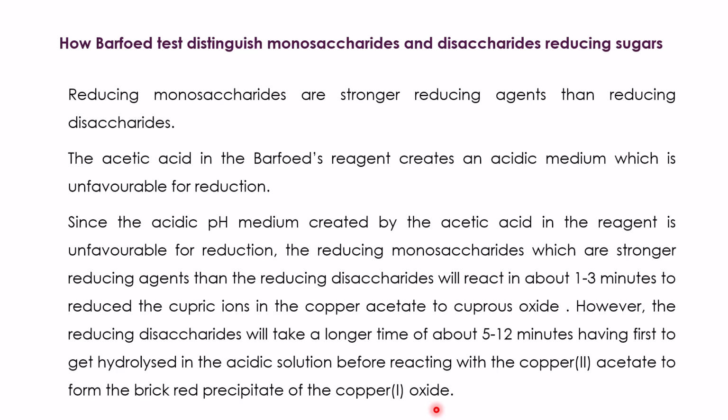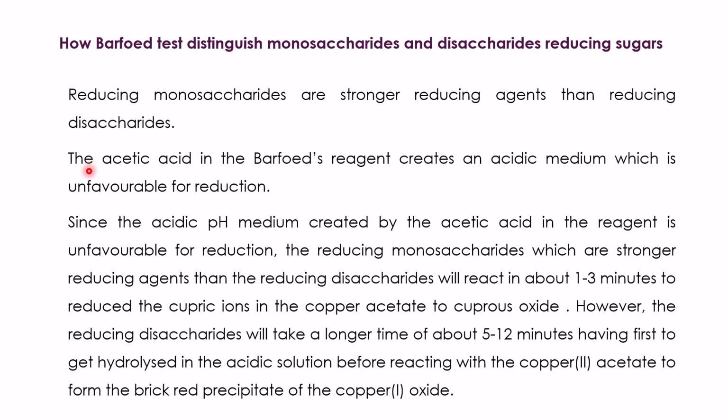So let's see how the Barfoed test is used to distinguish monosaccharide reducing sugars from disaccharide reducing sugars. First of all, we have to note that reducing monosaccharides are stronger reducing agents than reducing disaccharides.